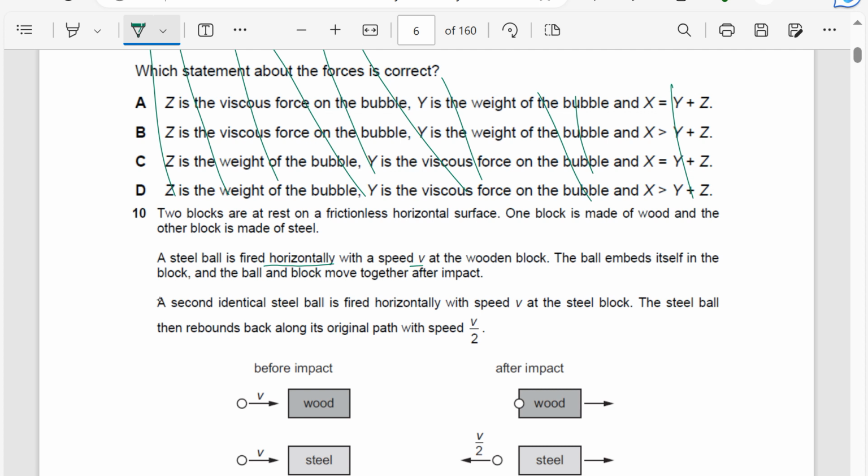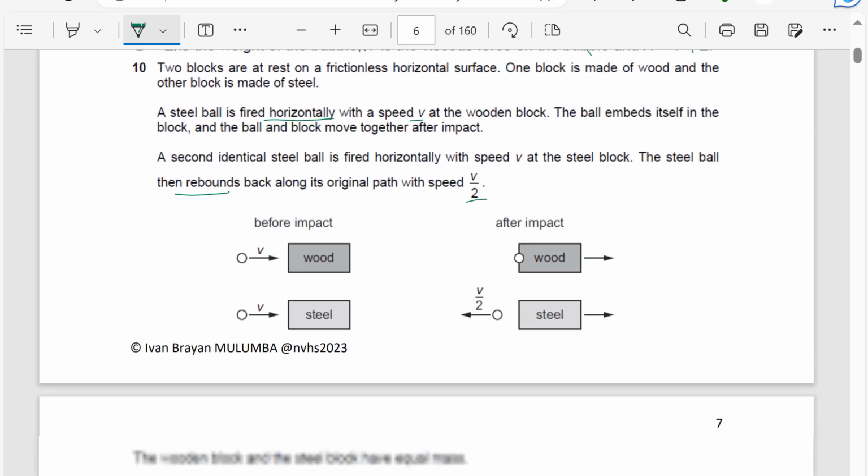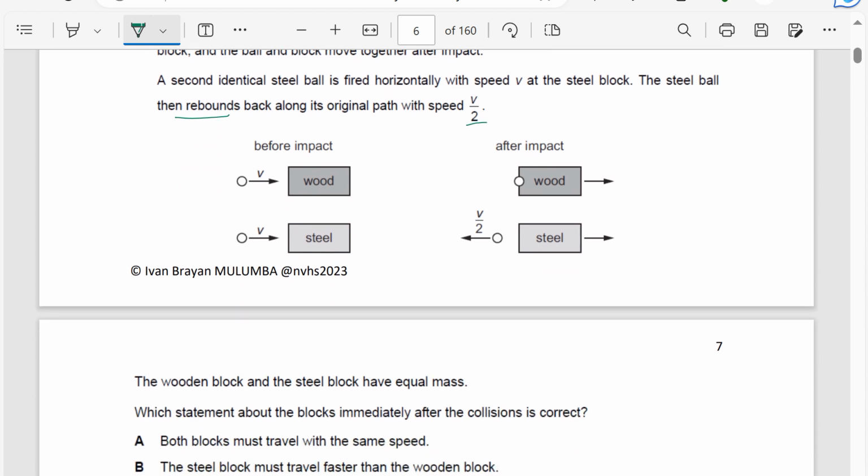A second identical steel ball is fired horizontally with speed v at the steel block. The steel ball then rebounds back along its original path with speed v over 2. The wooden block and the steel block have equal masses. Which statement about the blocks immediately after the collision is correct?